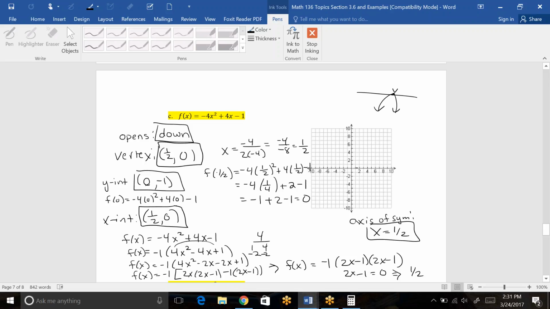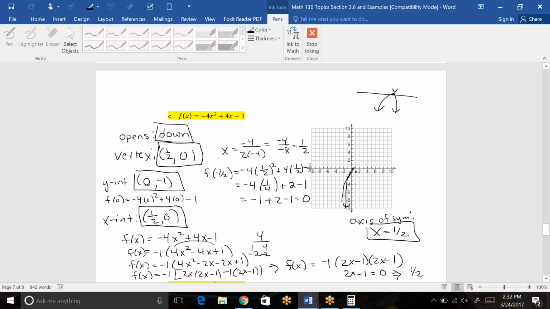Okay, so if we plot this one, 1/2, 0 is right there. Then we'd have 0, -1. Now that's only 2 points, but the nice thing is if you have the axis of symmetry, which is 1/2 as well, there's a mirror image point on each side. So, oops, I want to erase that, but it's not going to let me.